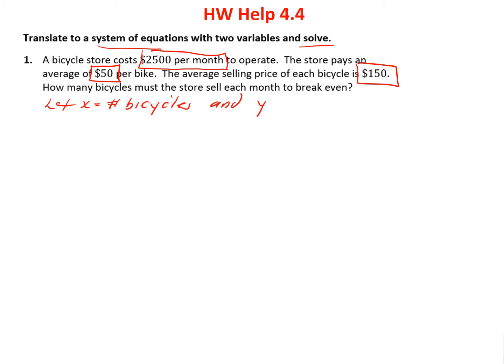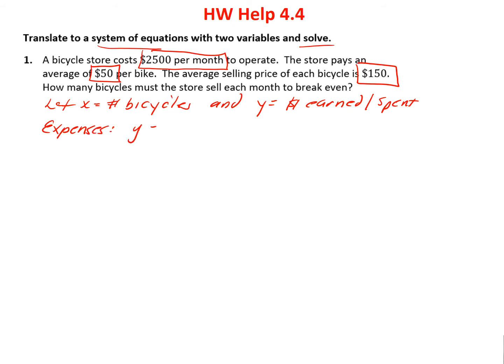And I'm going to let Y equal the money that they earn, or the amount of money. It may not be earned or spent even. You just let it be money. Okay. So in the first case, let's look at our expenses.